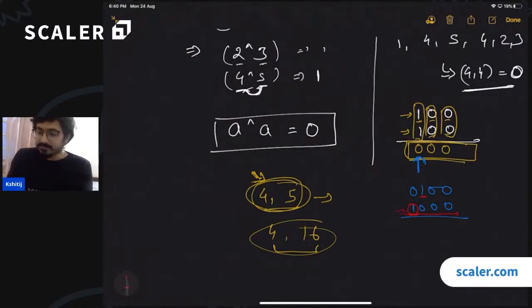So to actually get a minimum XOR, we want to minimize the value of the most significant bit, correct? So we always want the first set bit from the left to come as late as possible, since we want to minimize this value. So the first set bit should be as far right as possible in the result.